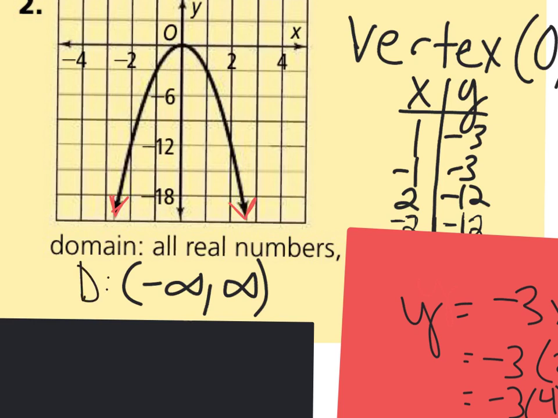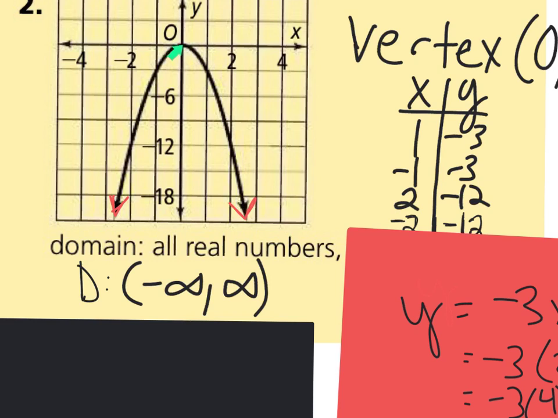And then the range is our possible y values. If you think of starting at the bottom of the graph, these will keep going down forever to negative infinity, and then keep going up until you don't have any more points on your graph. So here's our highest point.